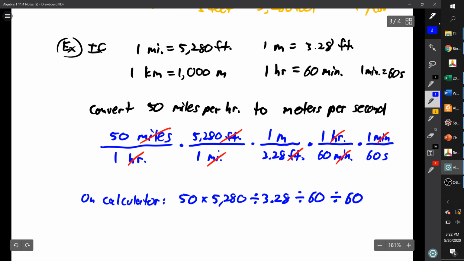The reason why is because we're dividing by 3.28, and we're dividing by 60, and we're dividing by 60 again. So anything that's on the bottom, you divide by.